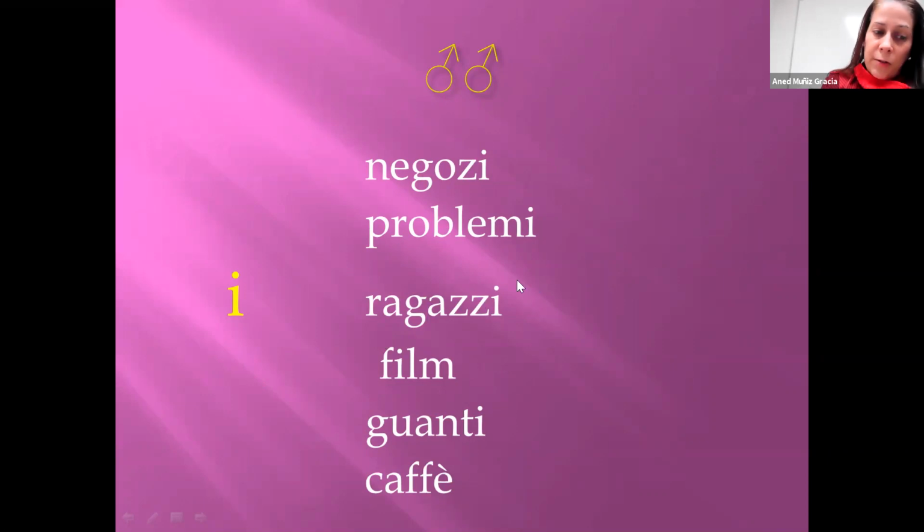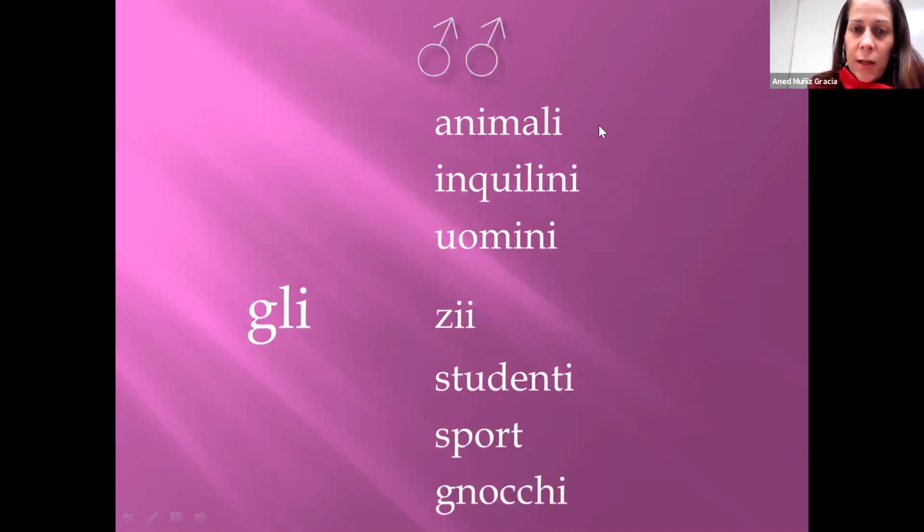The plural of nouns will be part of another lesson, but if it ends in o, it will end with i. And when I say the Italian i, right? Però problema è una parola un po' diversa, right? Il problema, i problemi. Okay? Ragazzo, ragazzi, film, non cambia, right? If it ends with a consonant, it doesn't change, and it also doesn't change if it ends in an accented vowel.